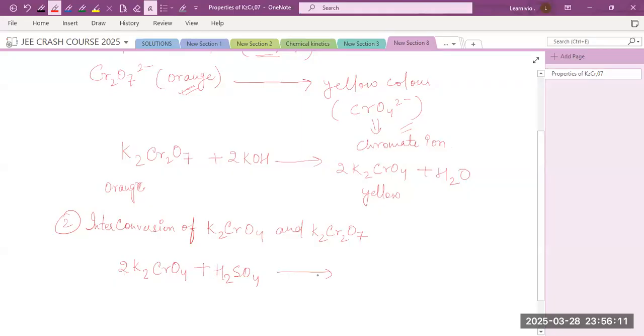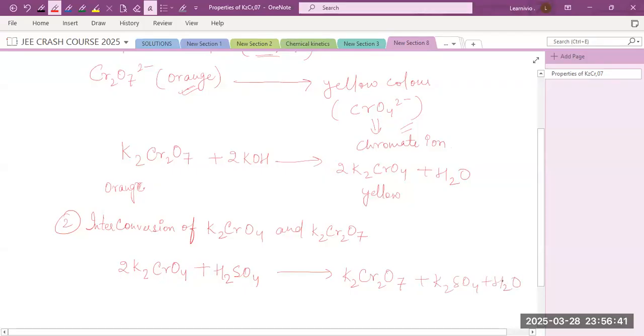So in acidic medium, it changes from yellow to orangish. K2Cr2O7 means this potassium chromate just converted into potassium dichromate. Here it is interconverted into dichromate plus K2SO4 plus water.